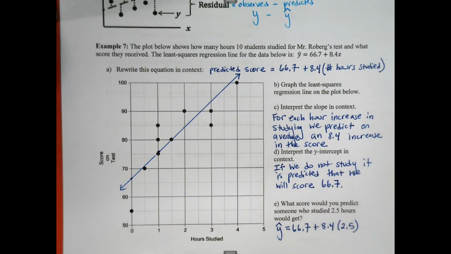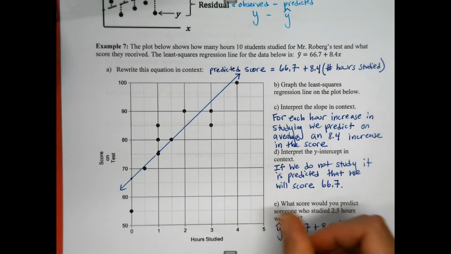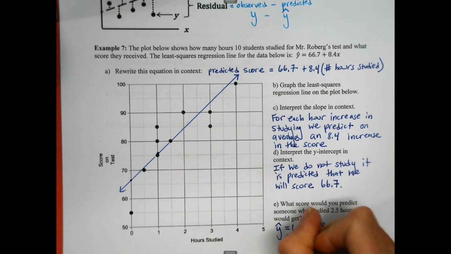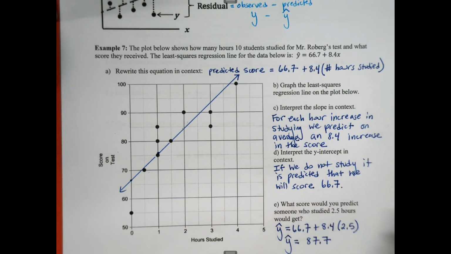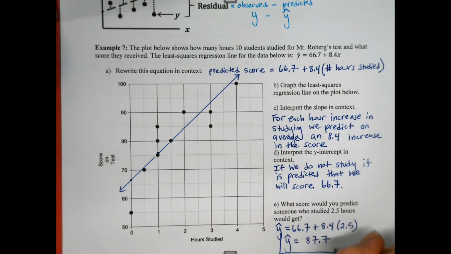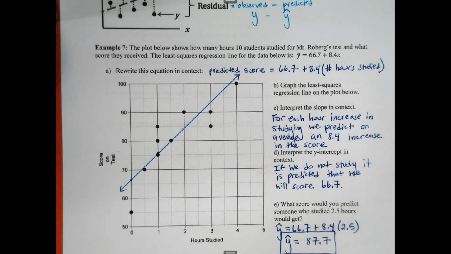In this case, it is 2.5 hours. And when we multiply and add together, we end up with y hat being 87.7. A person who studies for 2.5 hours is predicted to earn a score of 87.7.